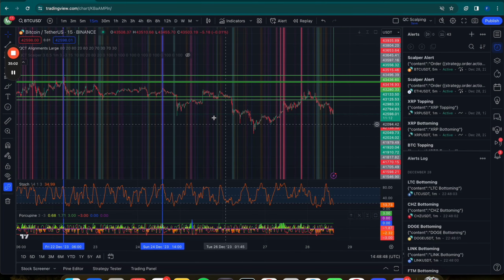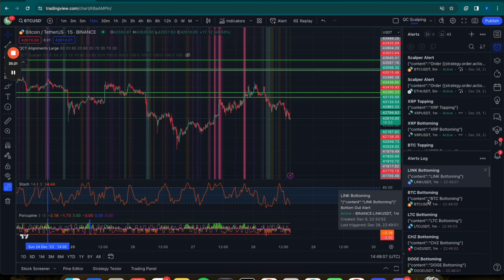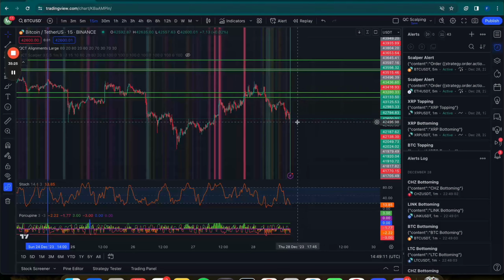So the preferred way of trading this is getting the bias off of Bitcoin, but then jumping over to other coins to trade them, because those usually have bigger moves.